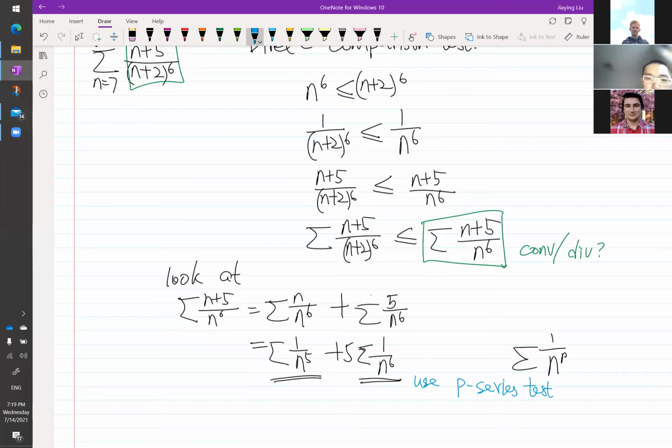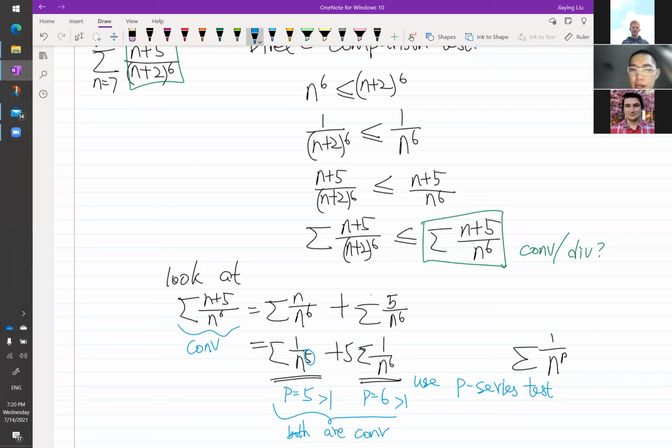If you do that, this one is p equals 5, right? This one is p equals 6. Both are greater than 1. Therefore, both are convergent. The sum of two convergent series will be convergent in this case. So if this bigger series is convergent, and if we go back, the series that we found is a bigger one, right?